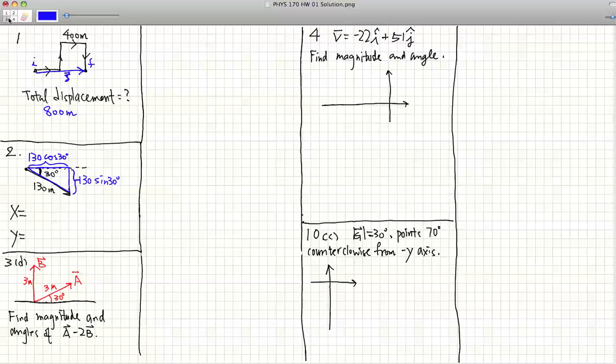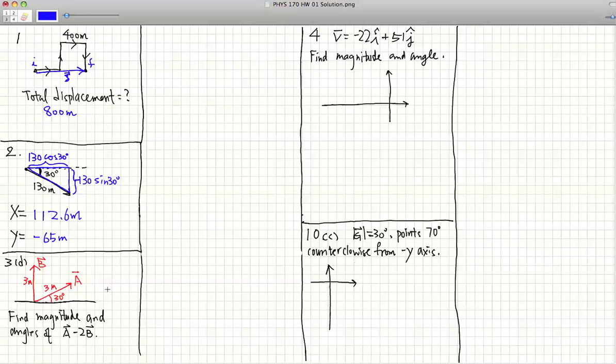If you put in the numbers, you'll find that x comes out to be 112.6 meters, whereas the vertical length is going to be minus 65 meters. Again, the minus sign came from here.